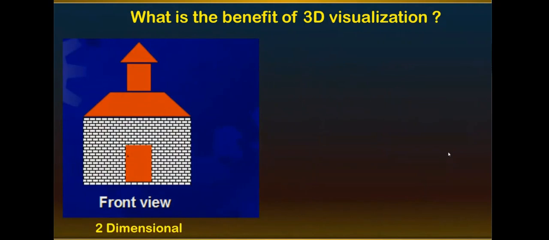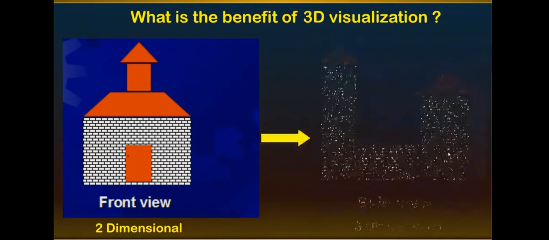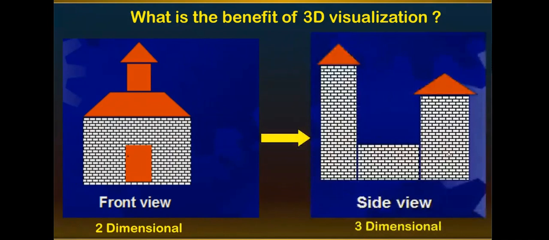You will have a certain imagination about this house's size. But if you go to the side of this house to check a side view, you will find something totally different than what you got from the first image alone.